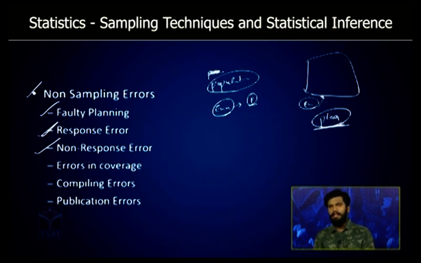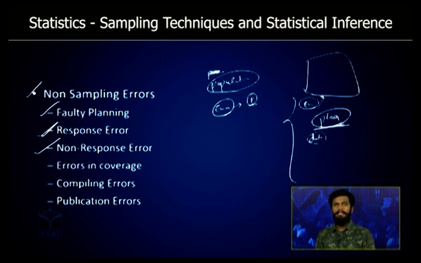In that situation, the data which we got and the calculations which we do, we apply to the whole geographical area, but these enumerators didn't collect the whole data of the geographical location. So this kind of error will occur, and the results of the calculations we are getting are not accurate, they are not correct. These kinds of errors are called errors in coverage.